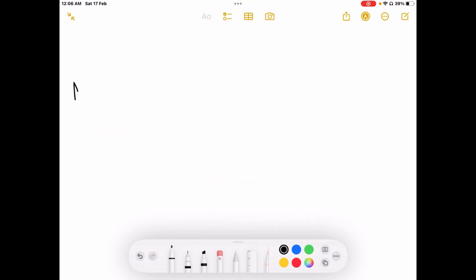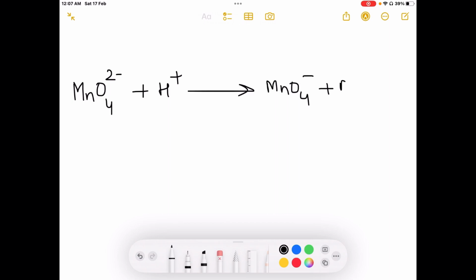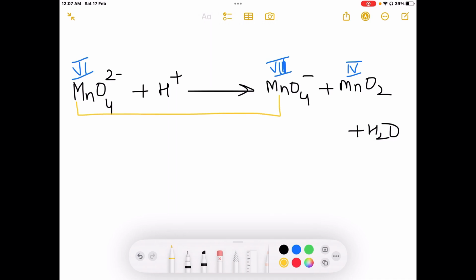If we simply check a reaction of manganate ion, which on acidification changes into permanganate and MnO2 plus H2O. In this case, in manganate ion, manganese is in 6, in permanganate it is in 7, and in MnO2 it is in 4. So 6 to 7 is an increase of oxidation number, 6 to 4 is a decrease of oxidation number.